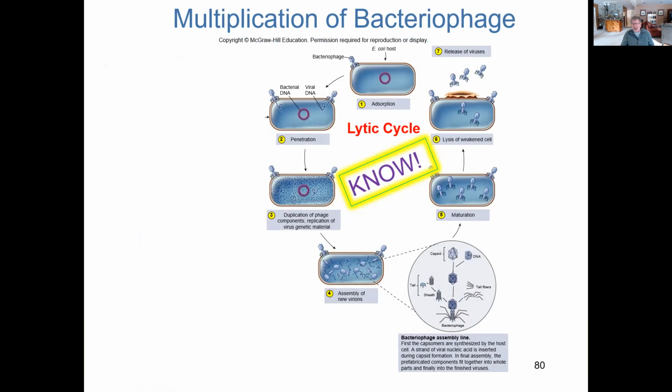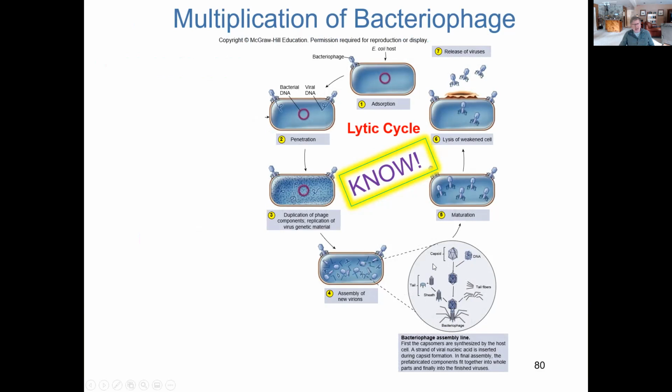With the help of ribosomal RNA and transfer RNA, amino acids are brought in and the polypeptide is made. The polypeptide, again, is going to be the proteins that form the parts of the new virions that we're going to make. In fact, here we are assembling one bacteriophage. So all these tails, sheaths, fibers, and so on, capsid, this is protein.